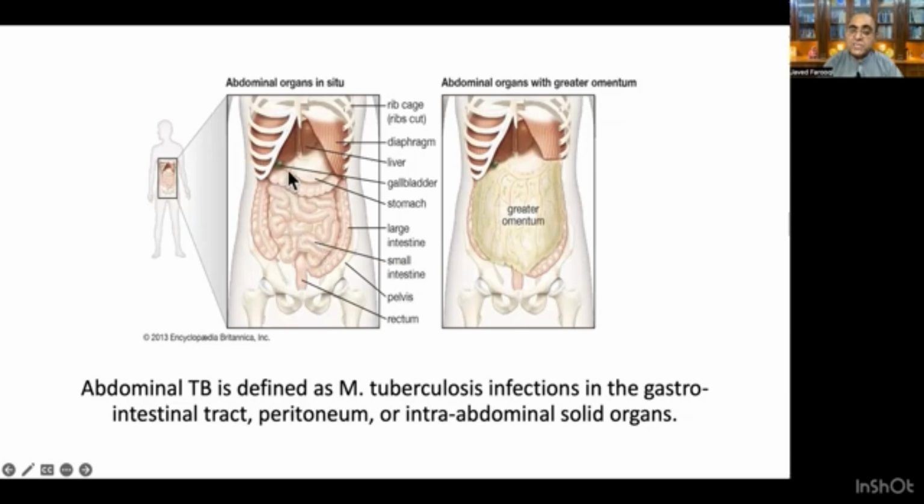It means whatever is within the abdominal cavity: the GIT, the peritoneum, and the other abdominal organs like kidneys and adrenals. So all these give the collective name of abdominal tuberculosis.